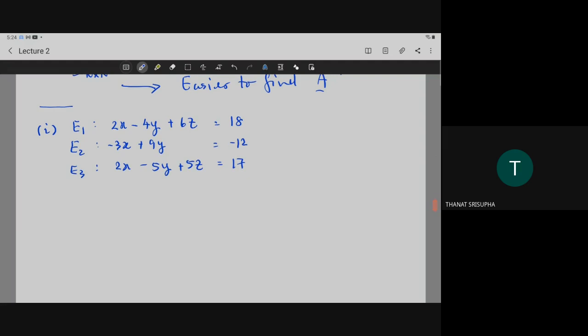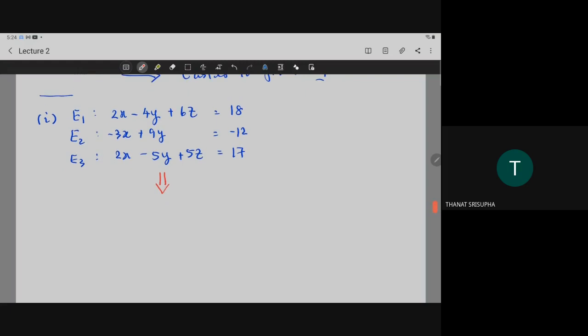So we have three equations, and what we are going to do is some elimination, by adding or subtracting one equation from another, so that we have equations that have one or two or three variables.